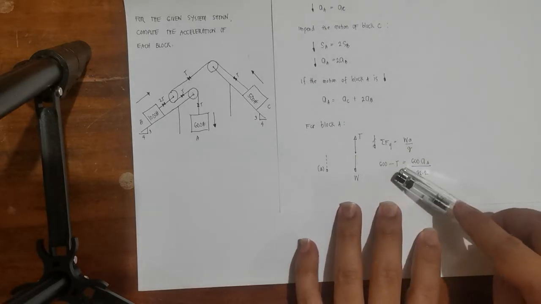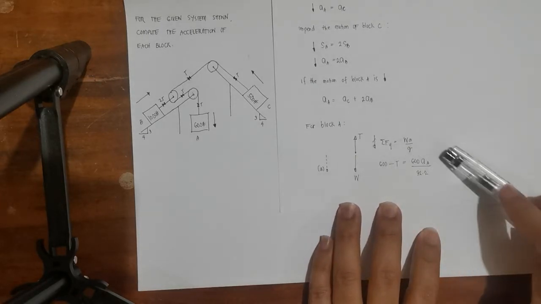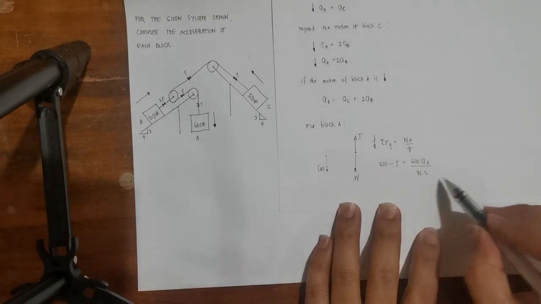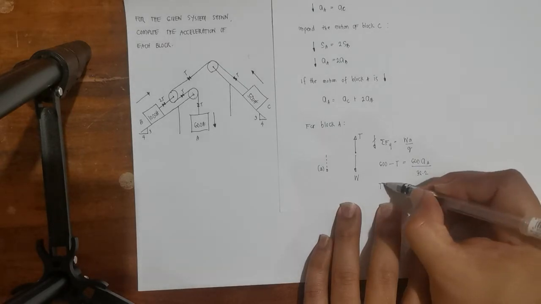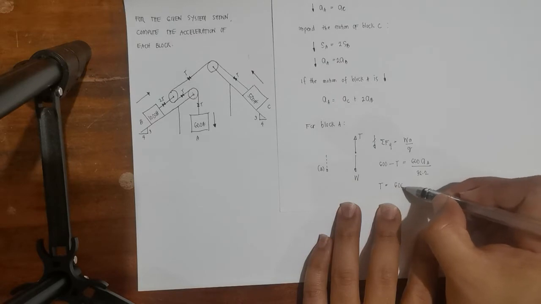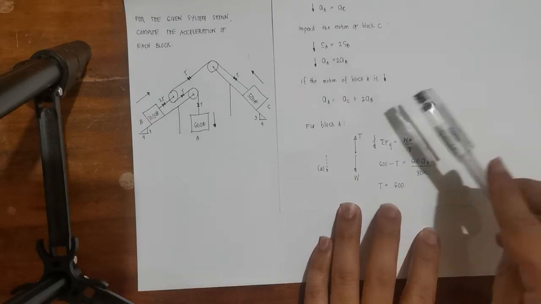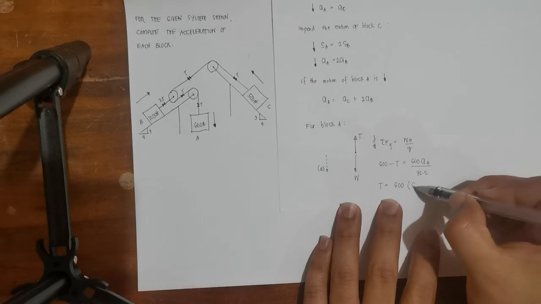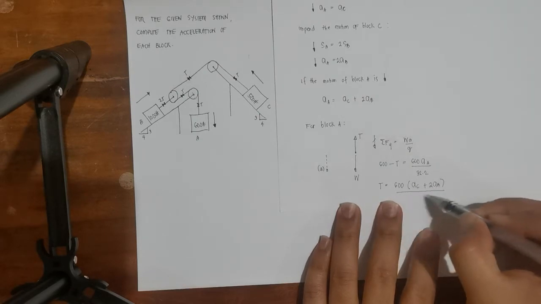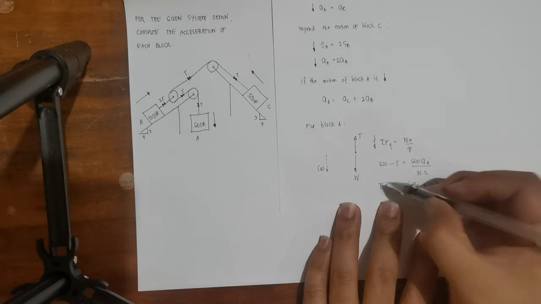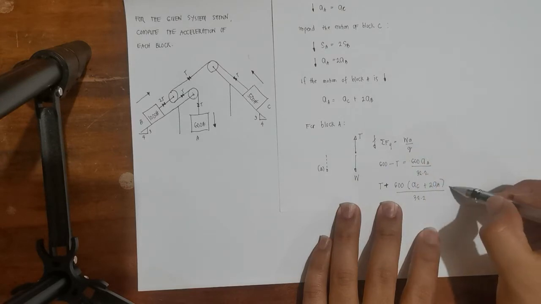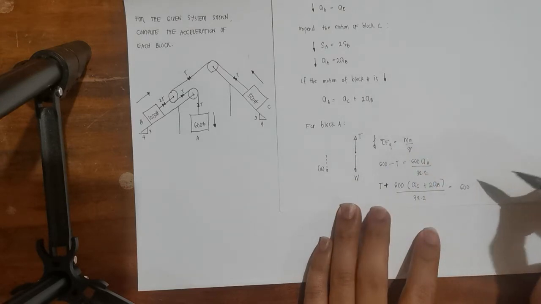So, combine like terms. Yung unknown natin, lagay sa kabilang side, i-equal natin yung mga constant. So, eto, bigay natin, maging positive T, equivalent to 600 acceleration of A, but acceleration of A is AC plus 2AB over 32.2, or this should be plus. Nilipat natin doon, equivalent to 600.